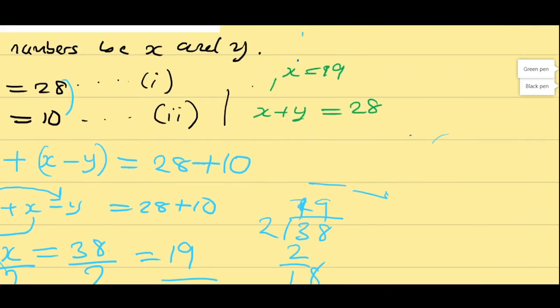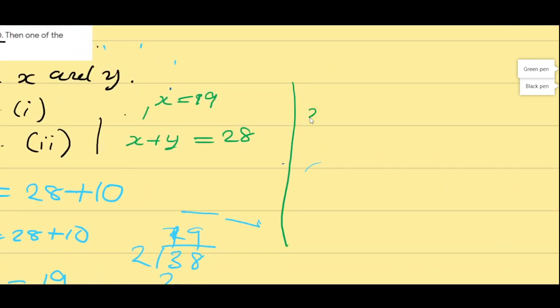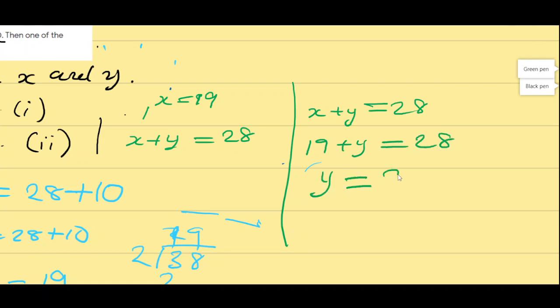From x plus y equals 28, we remove the x and put 19, since we are already told that x equals 19. So 19 plus y equals 28. Y is 28 minus 19.